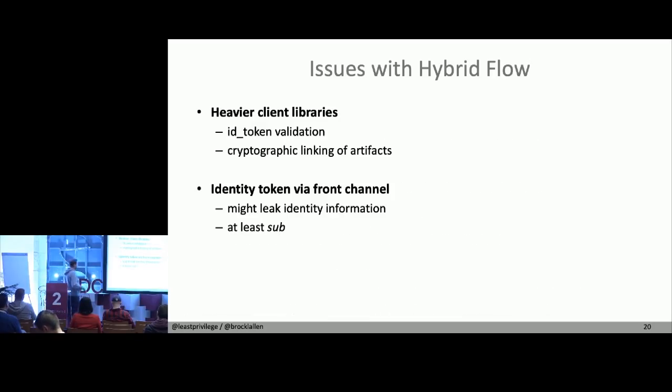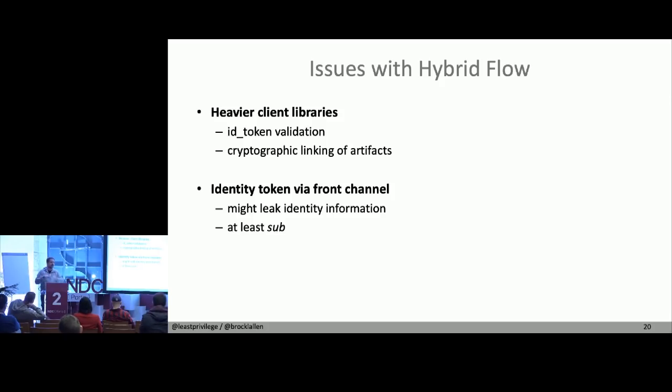There are always issues, right? You could think, okay, hybrid flow is the solution to the problem, so why do we even continue thinking about this problem? It turns out that the solution that hybrid flow proposes is not simple to implement. As I said, if you're using ASP.NET Core, then you're in pretty good shape. I have many customers that have to integrate with other companies, and they don't use ASP.NET Core.